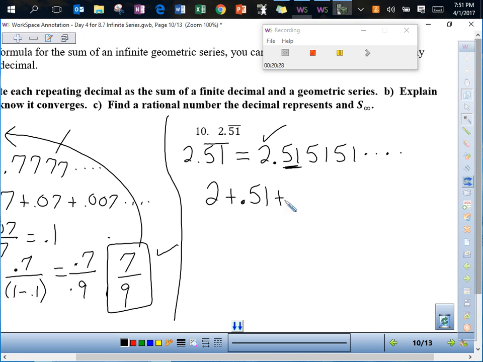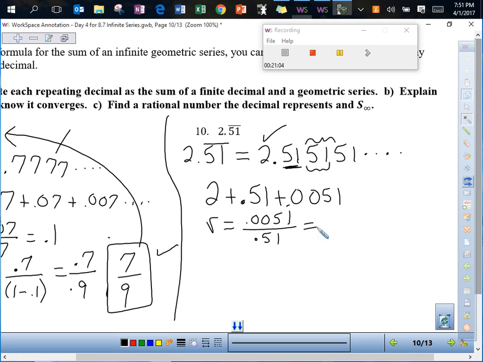So guys, I've taken care of these two right here. Now I need to take care of these two. So I need 2 zeros and then a 51. So this 0.51 I took care of as 0.0051. Here's why I did all of this weird looking work. I did that so I could figure out my r value is 0.0051 over 0.51.